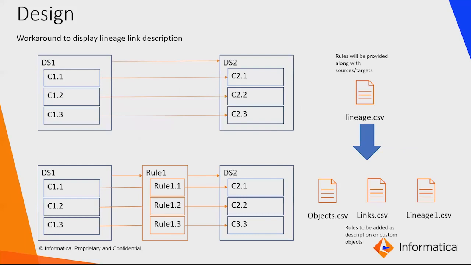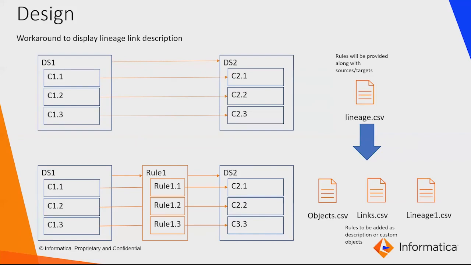The way we have done the design is that data is flowing between two data sets, DS1 and DS2, maybe source and target. This can be any metadata scanner, any native scanner like Oracle, SQL Server, or any Google or cloud sources where data is flowing.